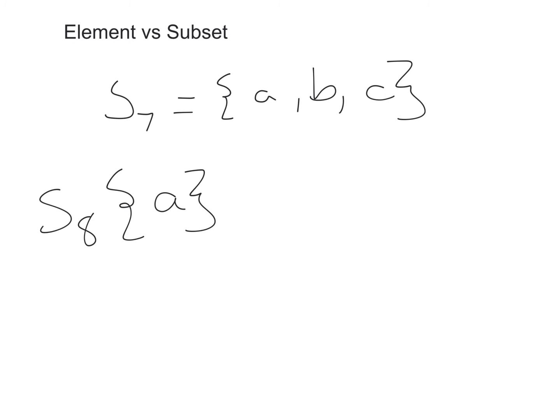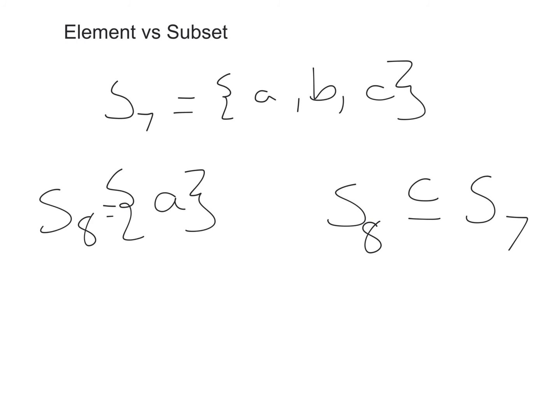Now, it is the case that S8 is a subset of S7, because if we go through everything that happens to be in S8, let's see, what's in S8? Oh, there's an A. Then I say, oh yeah, that's in S7 too.